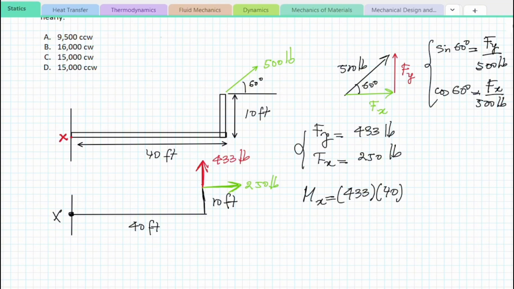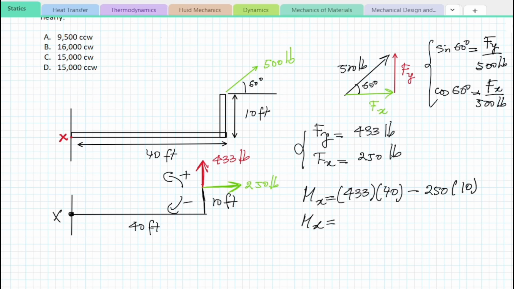One of the things that we'll have to keep in mind is the sign. If we assume a counterclockwise moment to be positive, a clockwise moment will be negative. So 433 times 40 will be positive, and then minus 250 times the perpendicular distance to the force, which is 10 feet.